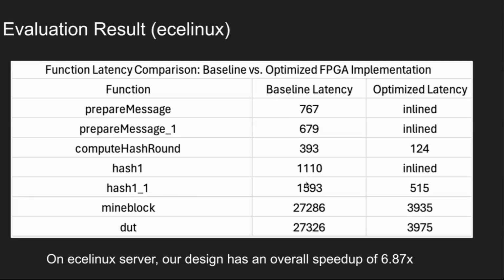And we also were able to get the latency for mine block from around 27K to just around 4K cycles, which is a direct result of our partitioning strategies and improved data access patterns. The overall design can achieve a speedup of 6.87 on the ECE Linux platform. This demonstrates the effectiveness of our optimizations in reducing computational time and improving system efficiency.